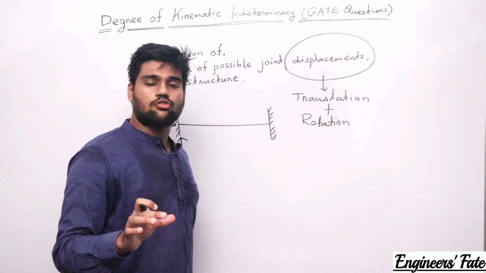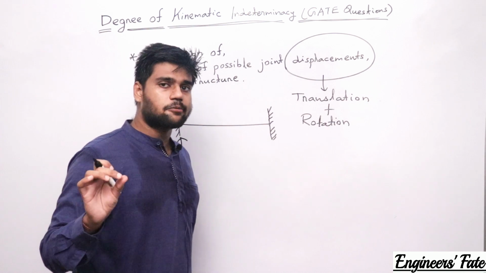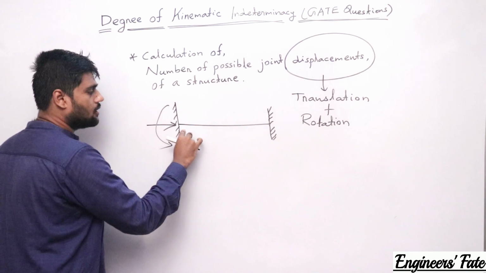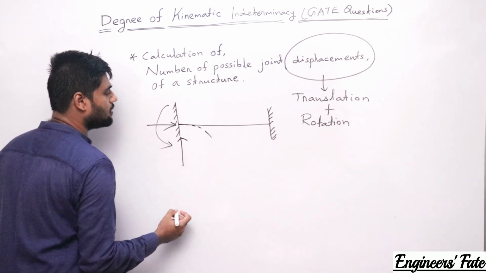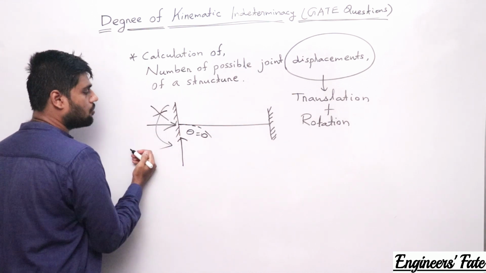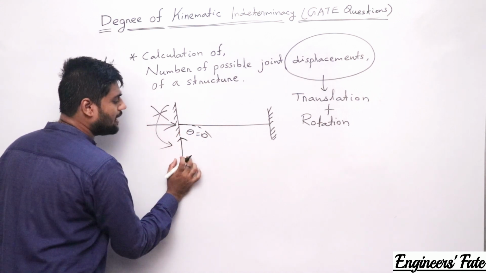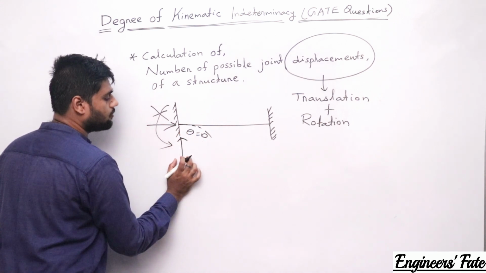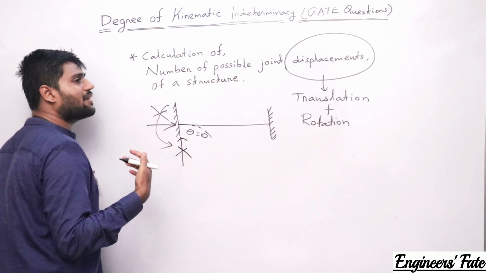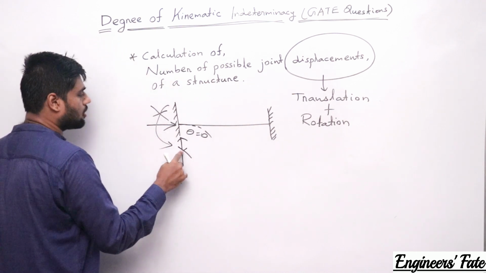Our aim is to find the number of possible joint displacements one after one. Here I have considered this end. The beam is fixed, which means theta equal to 0, so rotation cannot occur. Since the beam is fixed, there is no possible vertical displacement. The beam cannot displace in a vertical direction, so this also cannot occur.